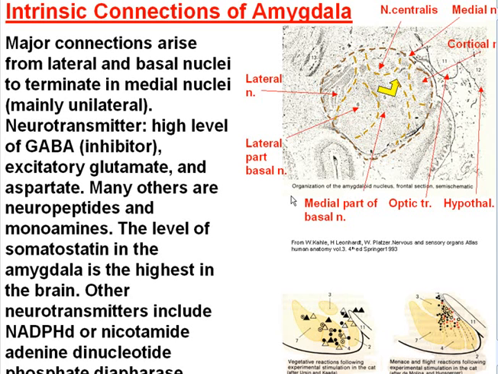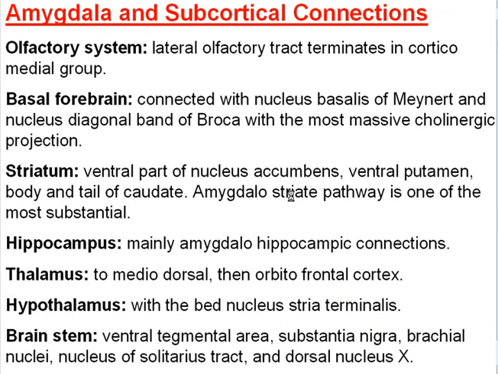GABA is a major transmitter, but many other neurotransmitters are also involved. The amygdala has subcortical connections with other systems like the olfactory system and basal forebrain, related to the nucleus basalis of Meynert. It also connects with the ventral nucleus accumbens, ventral putamen, and the body and tail of the caudate nucleus. It also has a tight connection with the hippocampus and the medial dorsal orbital frontal connection through the thalamus.